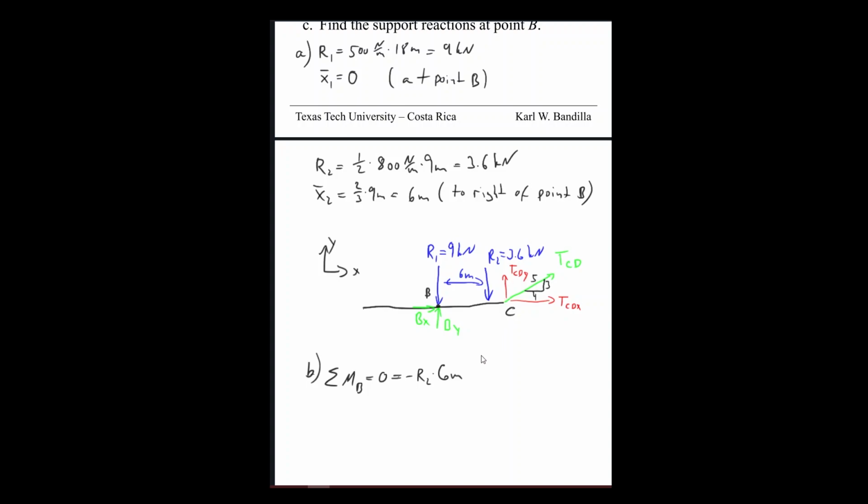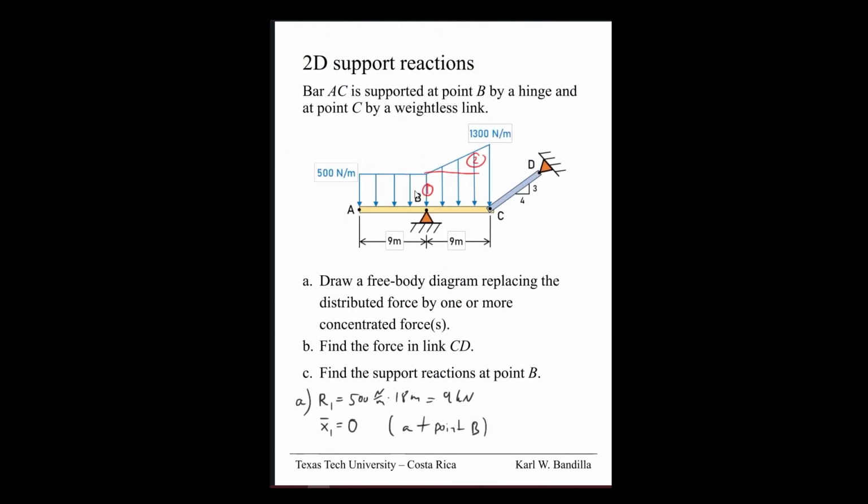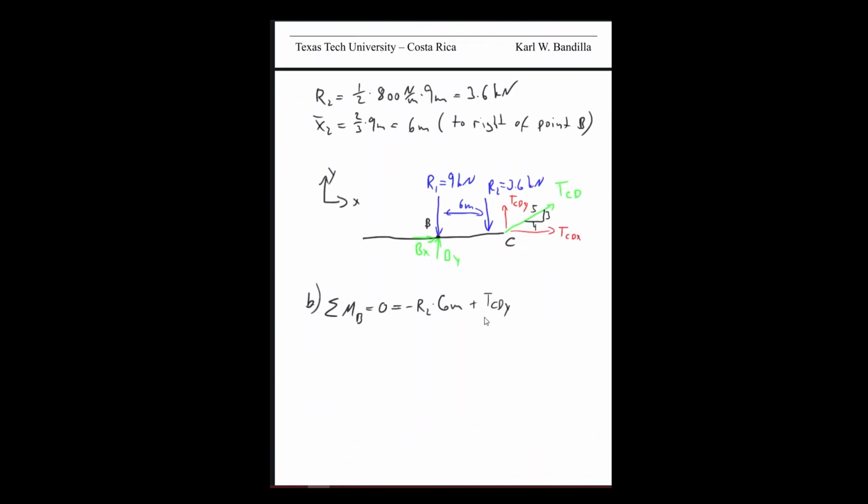So that means only TCDy is going to make a difference, and that is turning counterclockwise. So plus TCDy, and it is times 9 meters.